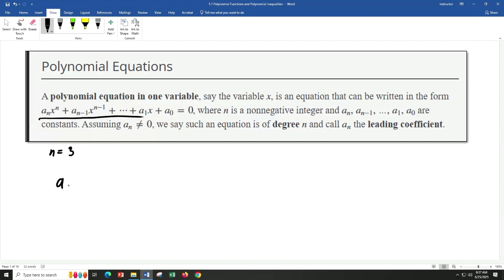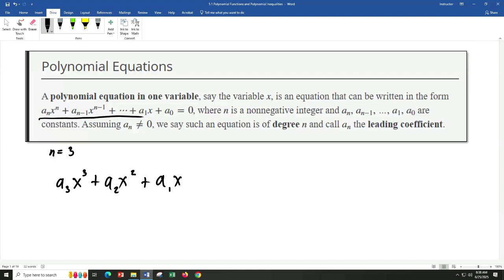So notice if I have a sub 3, then I have x cubed. Then I have plus, well, n minus 1, that's 3 minus 1, a sub 2 x squared. Plus, well, then I'm just going to have a sub 1 x to the 1, and then anything to the 0 power is a what? 1.